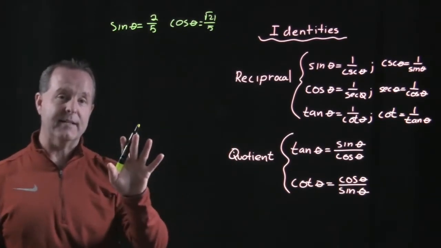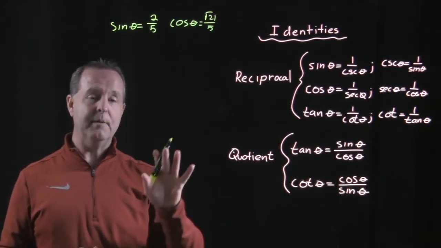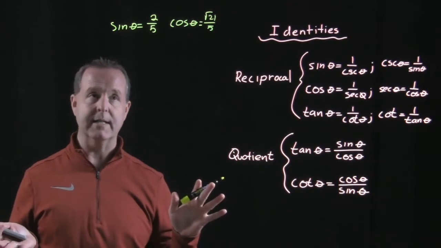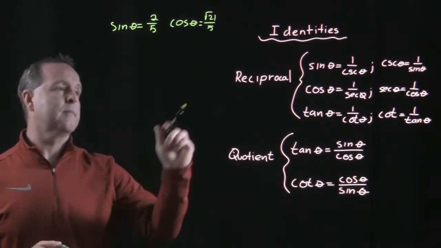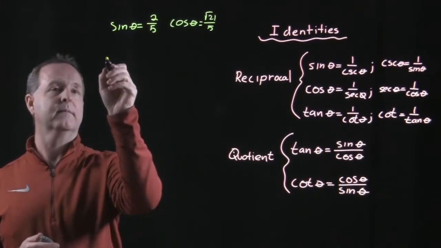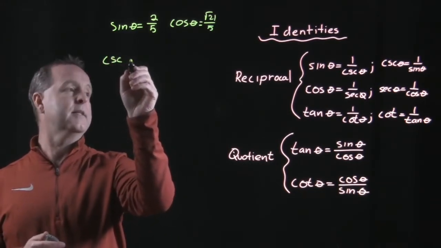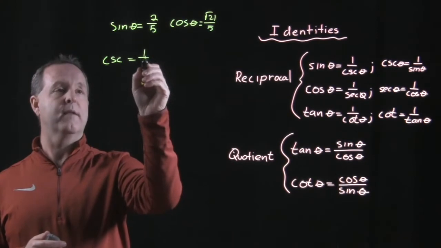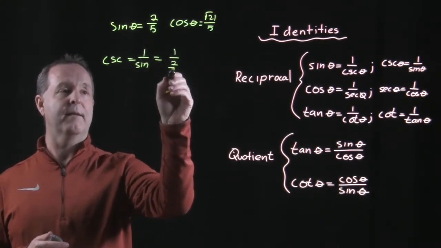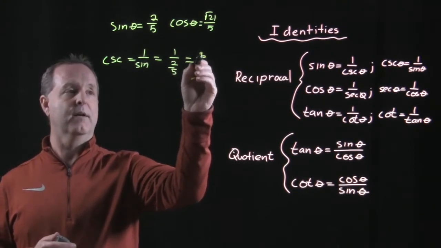So given that, I believe that we can find everything else. So sine and cosine, check. Already done that. Cosecant is 1 over the sine, which equals 1 over 2/5, which reduces down to 5/2.